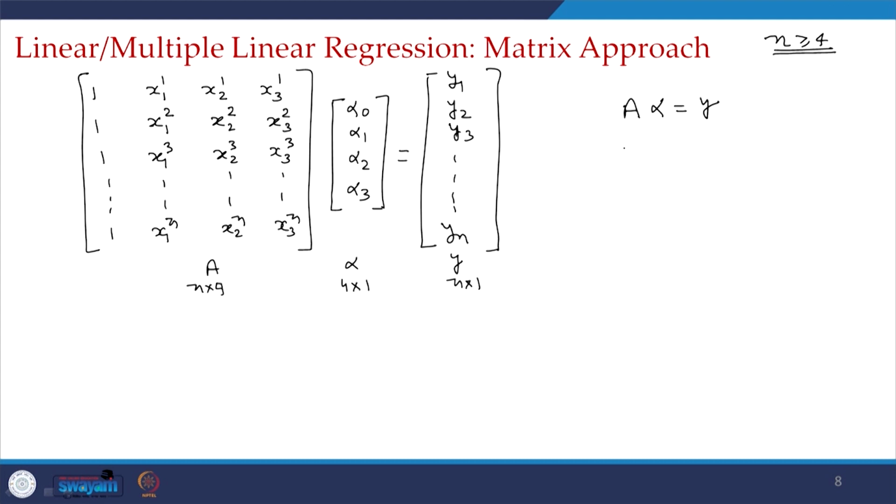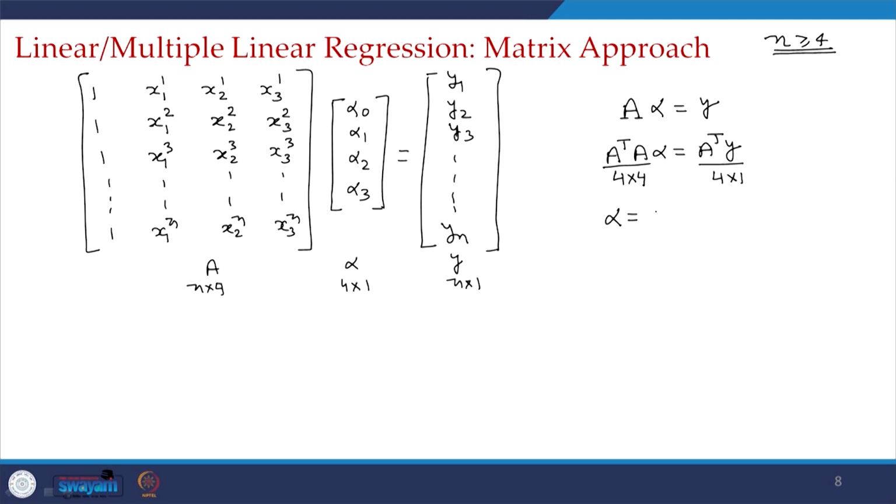From the previous lecture you know how to solve this overdetermined system. We will use the method of least squares. I will pre-multiply by A transpose on both sides. What will happen now: this A transpose A will become a 4 by 4 symmetric matrix, and A transpose y will be 4 by 1.